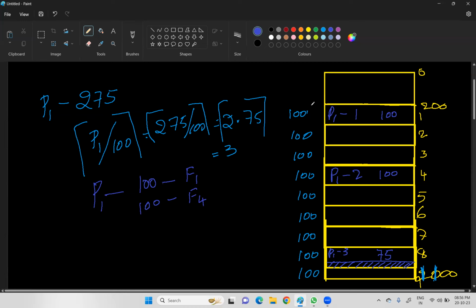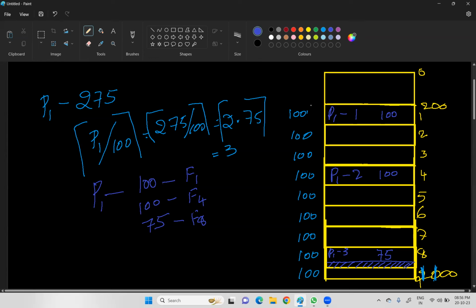The third 75 instructions are available at frame 8. The CPU should generate the addresses in such a way that the first 100 always refer to frame 1 only. The second 100 always refer to frame 4 only. The third 75 always refer to frame 8 only.